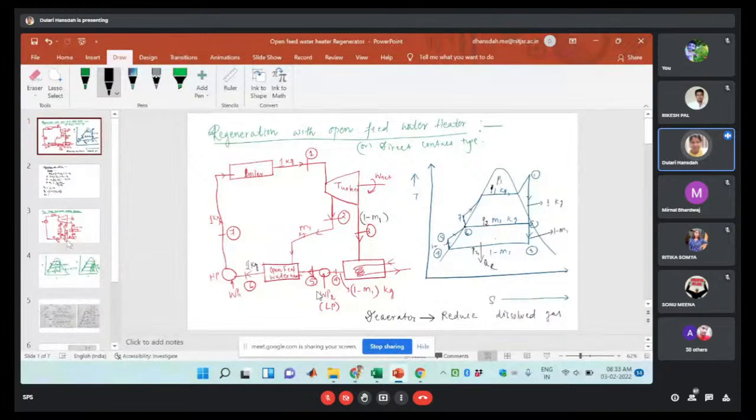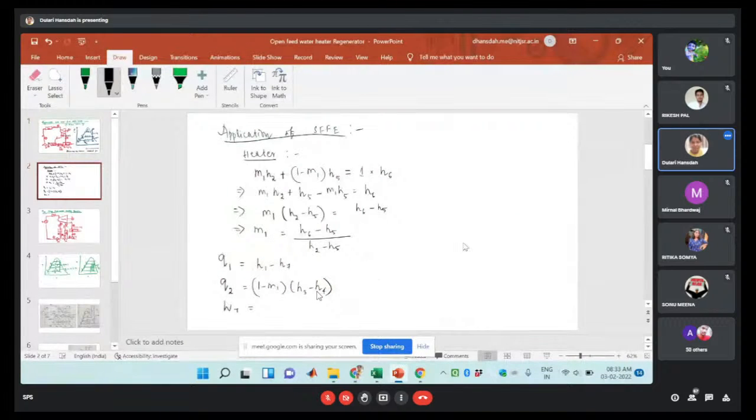So this is your turbine work: H1 minus H2 plus (1 minus M1)(H2 minus H3). Similarly, we can write down the pump work.